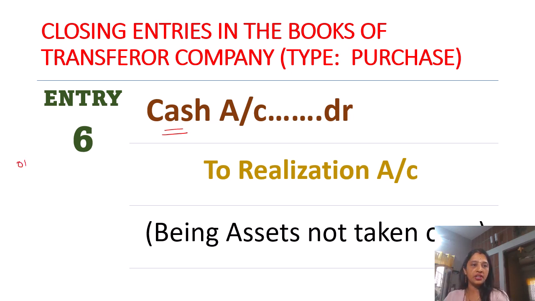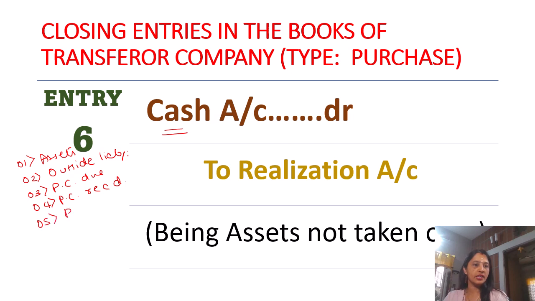So first entry, all assets except fictitious assets. Second entry, outside liabilities. By outside liabilities, I mean except share capital and reserves and surplus. Third one, PC due. Fourth one, PC received. Fifth one, realization expenses.